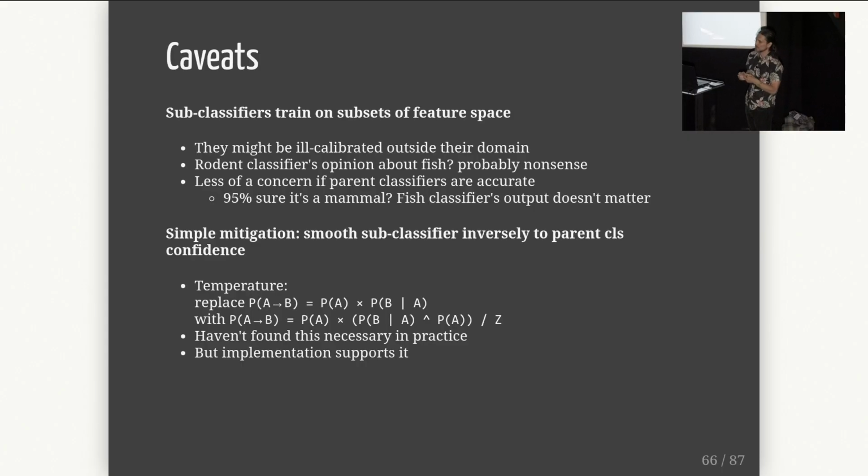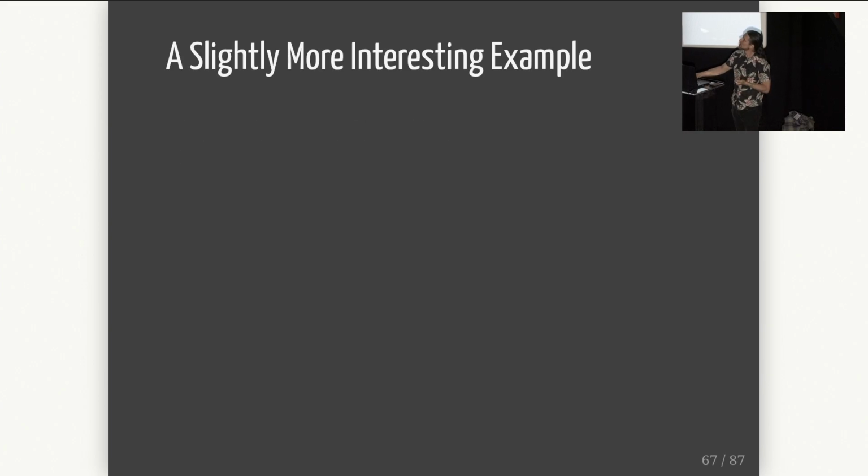If the parent classifier is less confident, you spread out and hedge and say, I can't put 100% of my probability on this one class. I haven't found it useful, but I tried it out and it was fine. It didn't hurt and it didn't really help, but it's built in now.